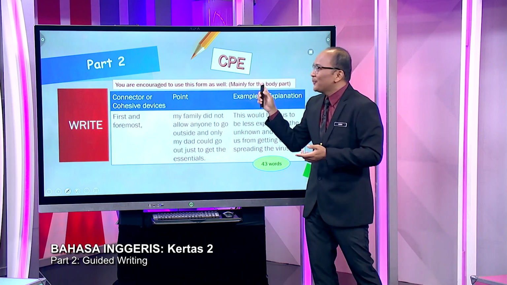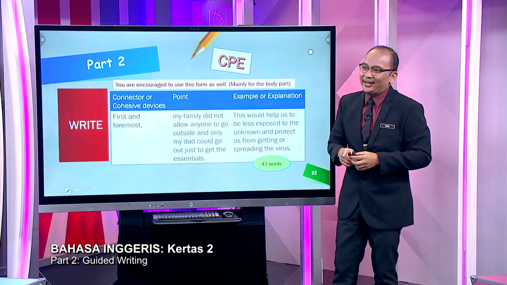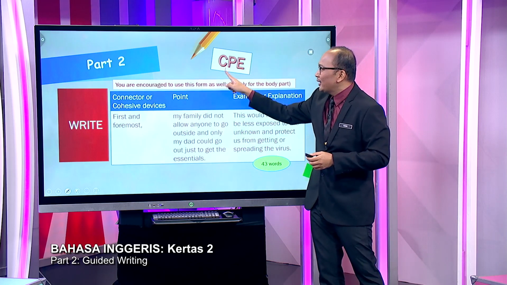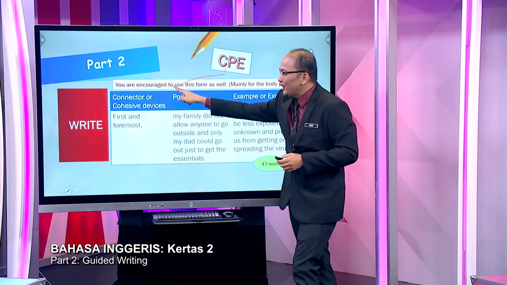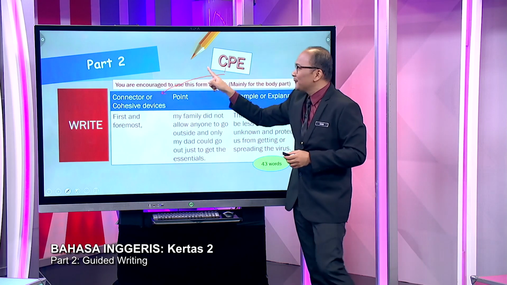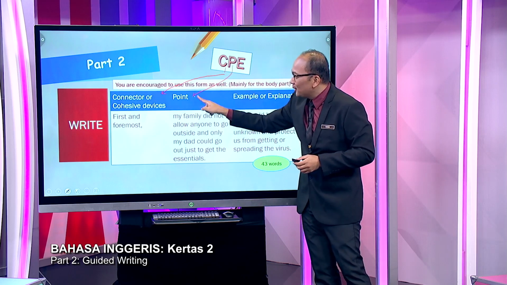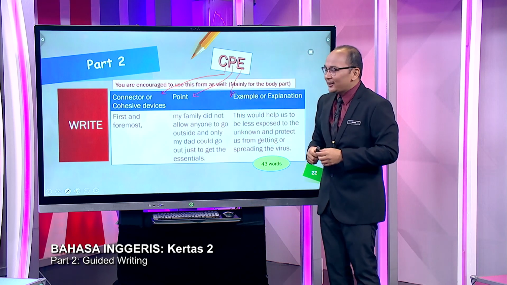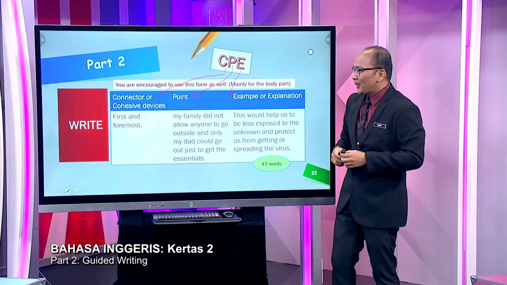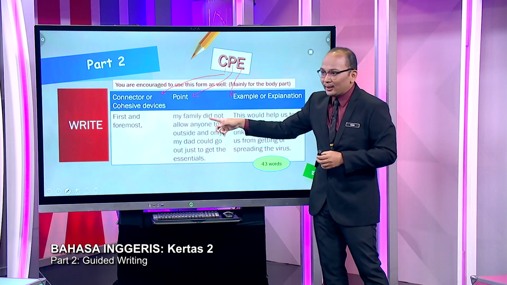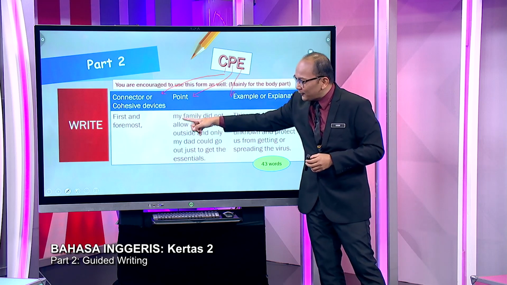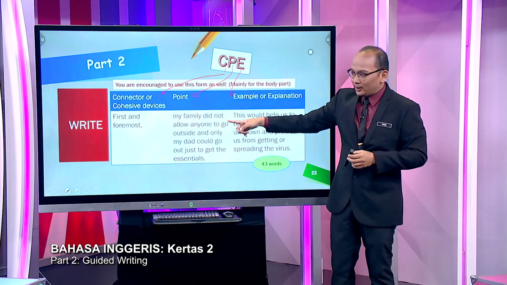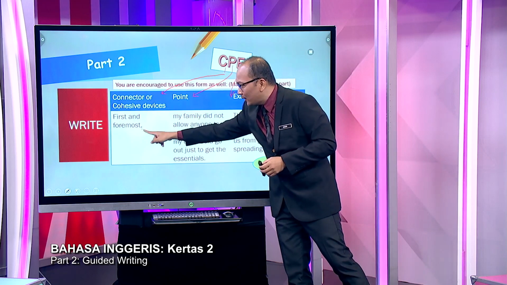Before that, we look at the writing part, which is the CPE. C is for using connectors. P is for point, and E is for example or explanation. Okay, so the example I am giving over here, first and foremost, this is one of the example of cohesive devices.